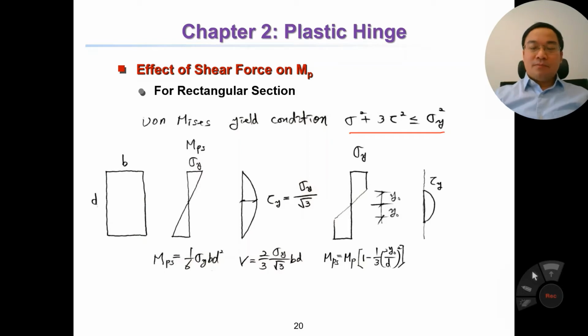And the shear force in the elastic plastic phase, it is assumed that in the fully plastic region there is no shear resistance anymore. So shear equal to 4 over 3 of tau y b y0.